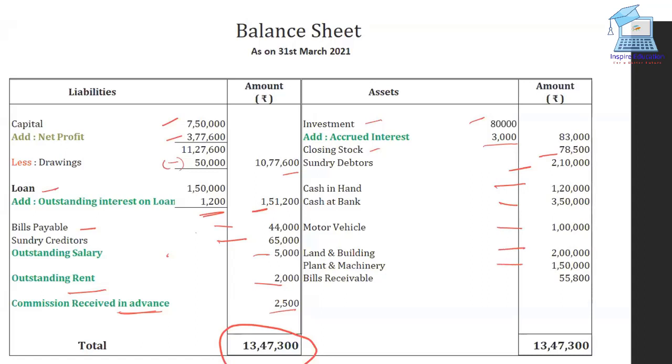Plant and machinery 1,50,000. Bills receivable 55,800. Altogether, the total comes to 13,47,300. Means it is equal. Liabilities equal assets. Means both sides of the balance sheet are tallied. So we can say that it is correct.